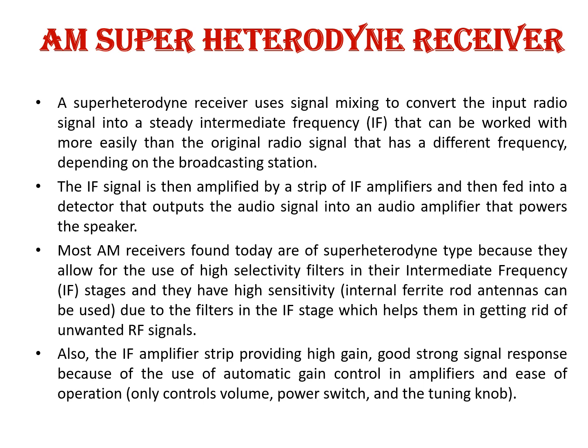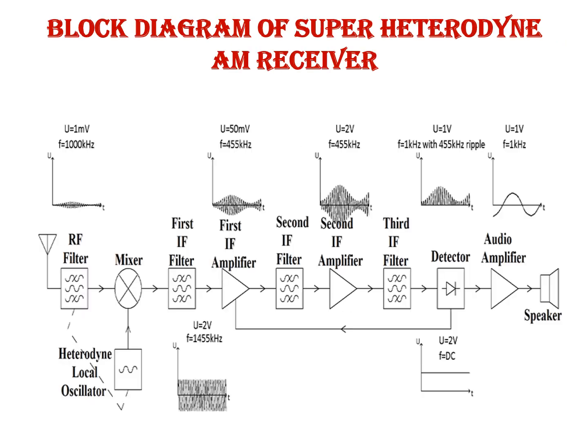Due to the filters in the IF stage, they get rid of unwanted RF signals. Also the IF amplifier strip provides higher gain and a good strong signal response because they use AGC, that is automatic gain control, in the amplifier. Here we are going to talk about the control of volume, control of power and the tuning.